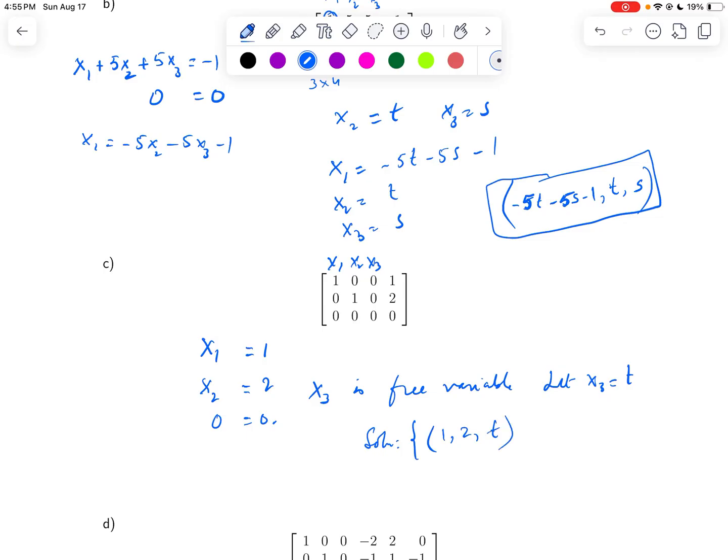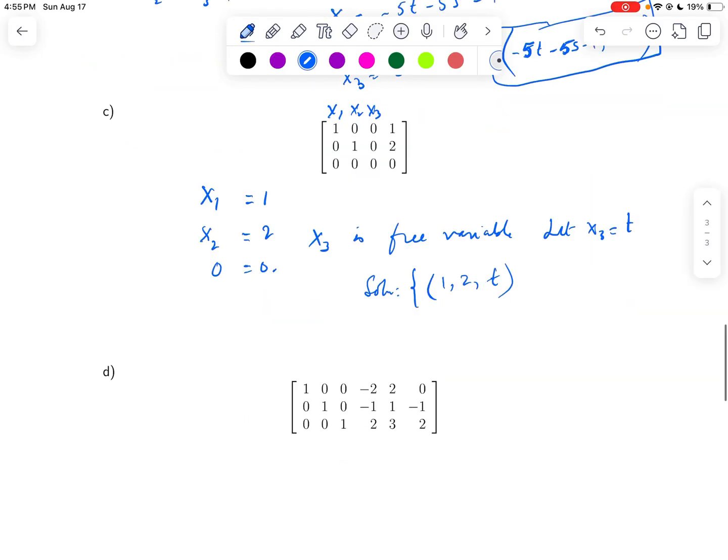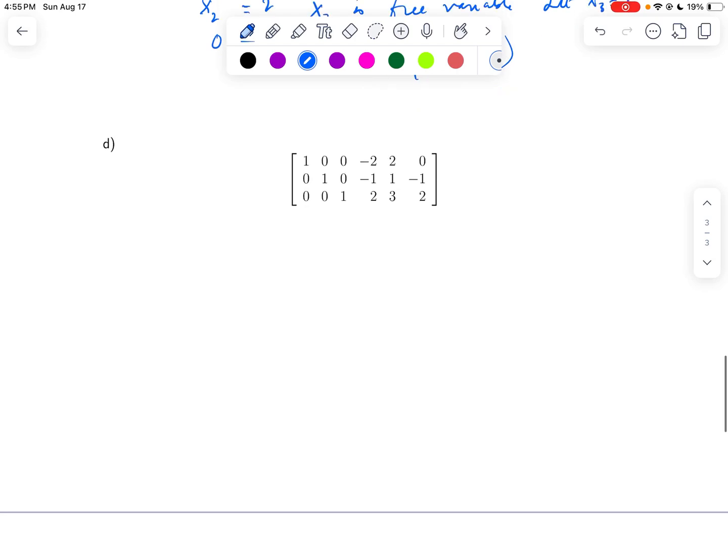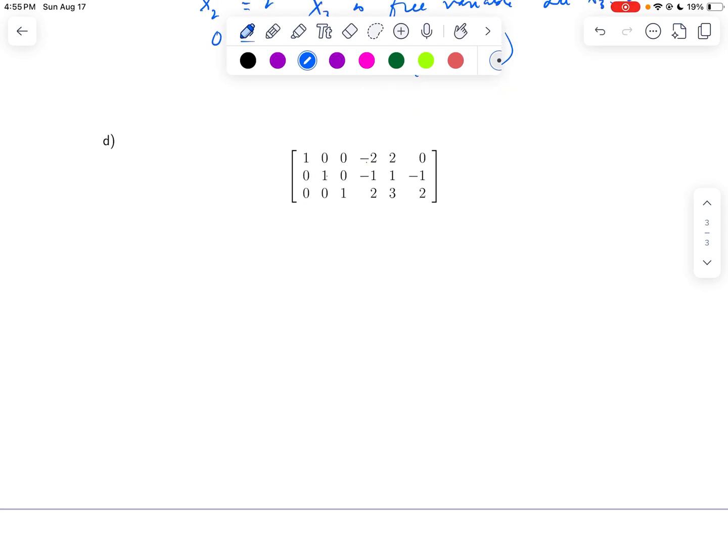Okay, last example. So again here x1, x2, x3, x4, x5. So we have 5 variables. This is the b.